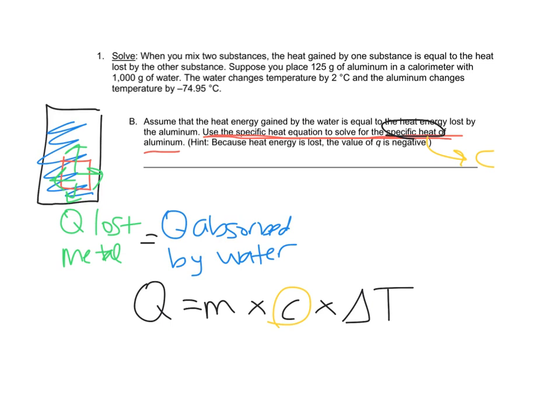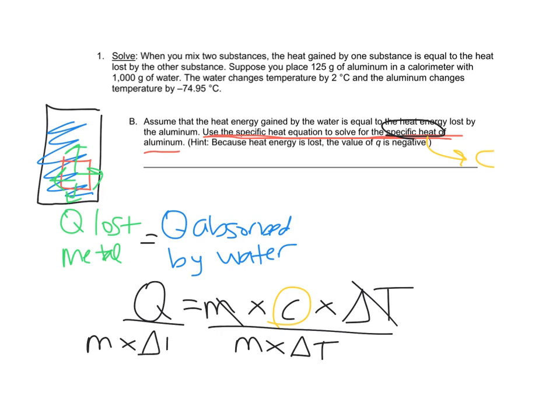So on that right-hand side, we have mass times specific heat times the change in temperature. In order to get C by itself, we need to divide both sides by m times delta T. That would get rid of this and this. What we do to one side, we always have to do to the other side since there is an equal sign there.